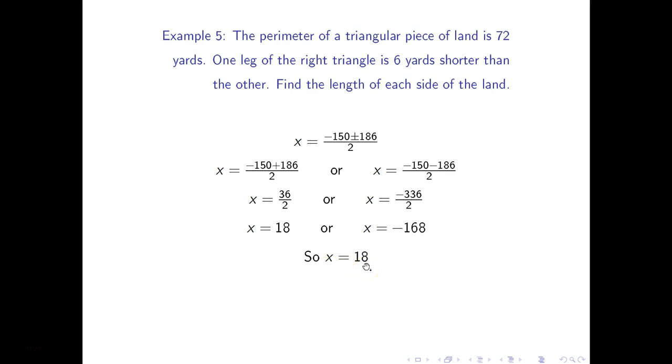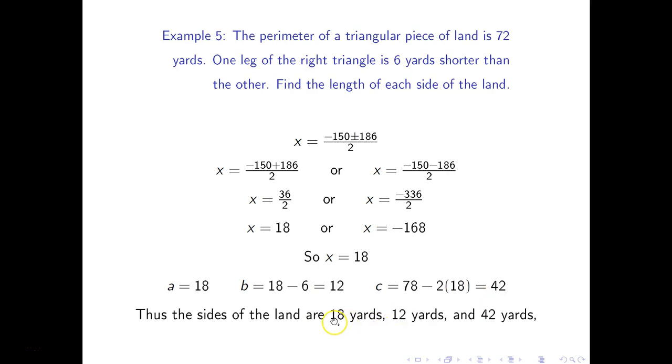So if I get x equals 18, what are my other sides? Well, remember, b was that number minus 6, so 18 minus 6 is 12, and c was 78 minus 2 times 18, which is 42. So piecing all that together, that's pretty good.